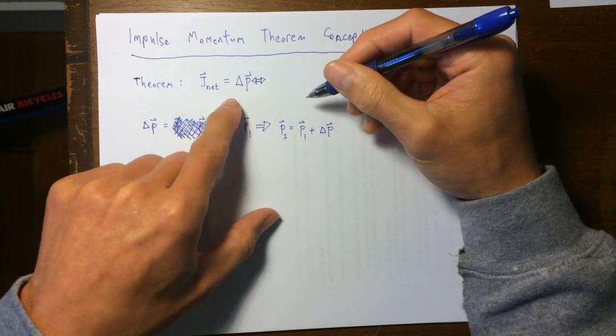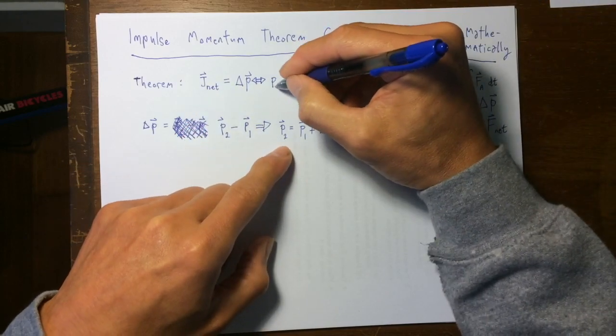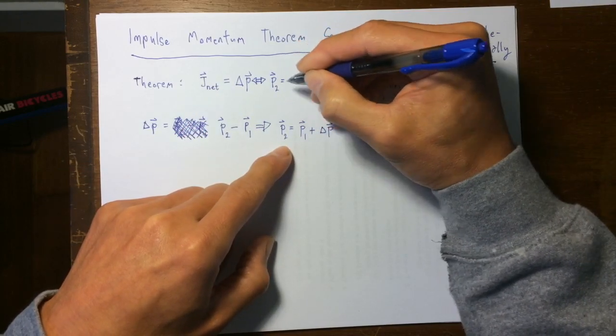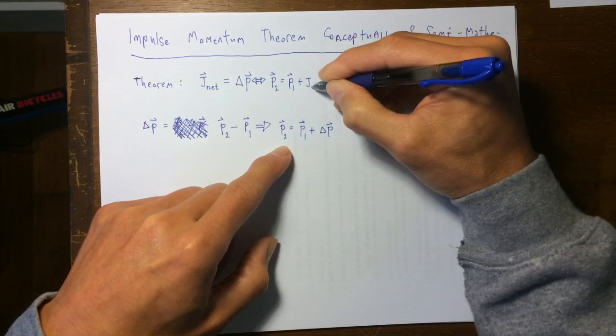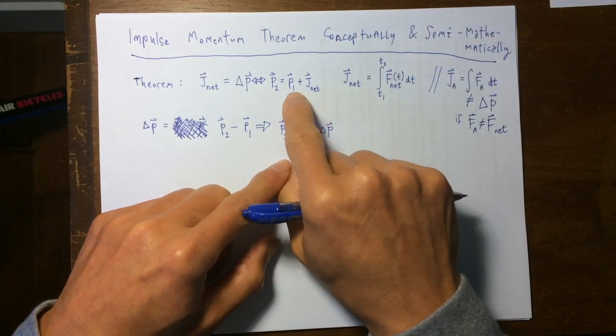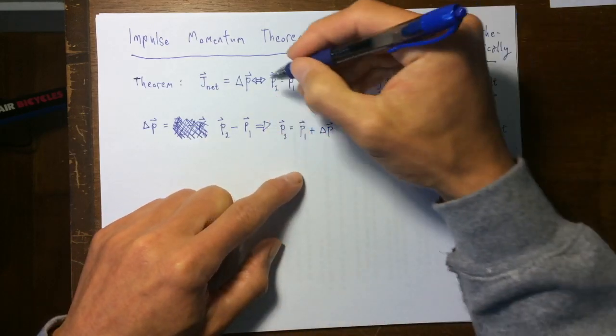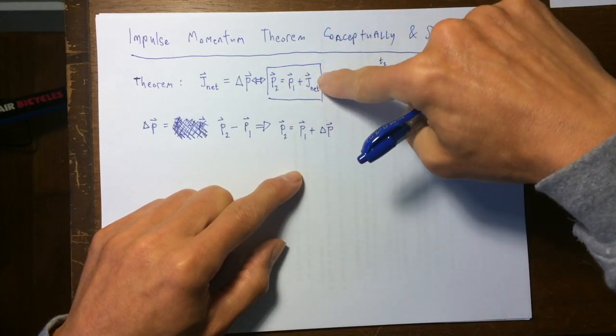It just means that they're sort of the same statements. You can say that P2 is equal to P1 plus the impulse delivered by the net force between the times 1 and 2. I think this is a nice way to write the impulse momentum theorem.